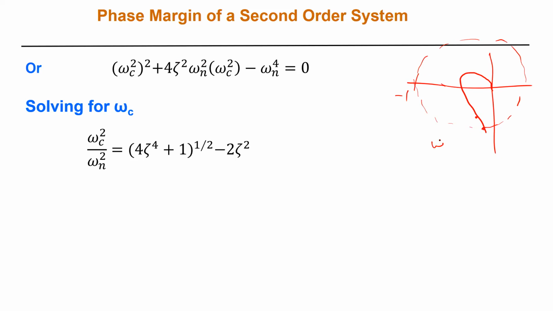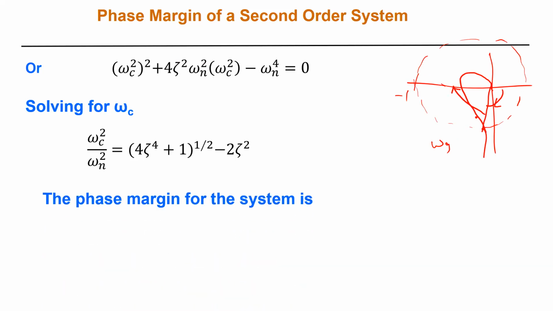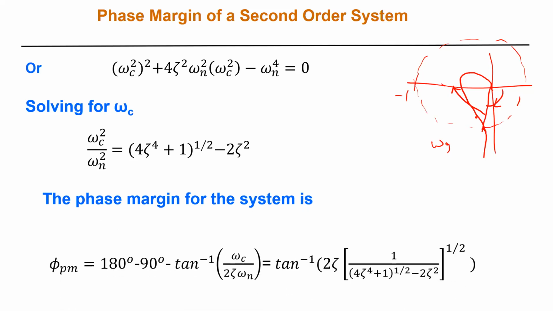This is omega g, which we obtain from this equation. We substitute in here to get this phase. Then how much do I need to go to the 180 degree? So the phase margin equals 180 minus the phase of the system evaluated at omega g.